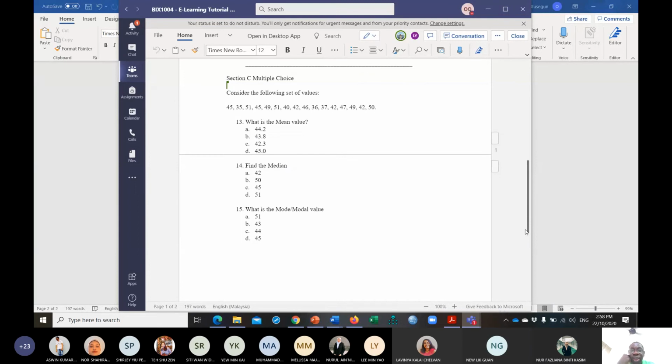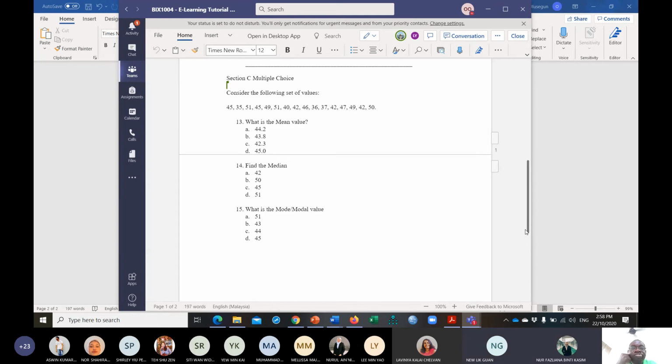Yes, what is the modal value? Which one occurs more than the others? 42. How many times does 42 appear? 3 times. How many times do other figures appear? None of them appear 3 times.